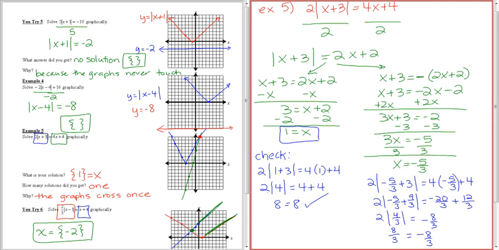When I plug x equals -5/3 into the original equation, not only do I have some nasty fractions, but I wind up with a statement that's not true. So x equals -5/3 is an extraneous solution. This problem only has one solution. If we looked at the graph, that solution was nice and obvious because our graphs only crossed one time, and the x value where they crossed was x equals 1.